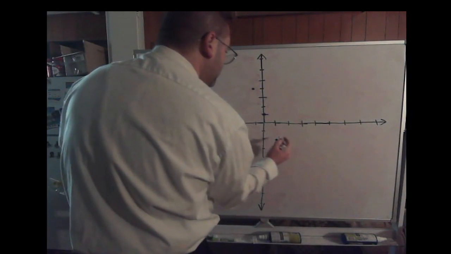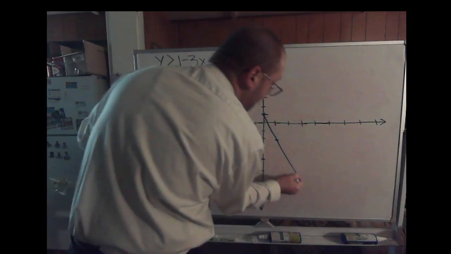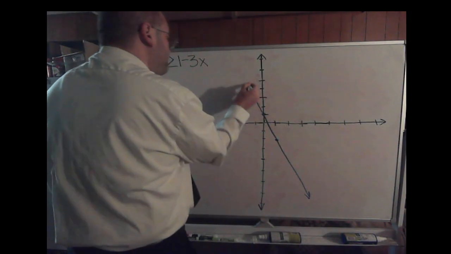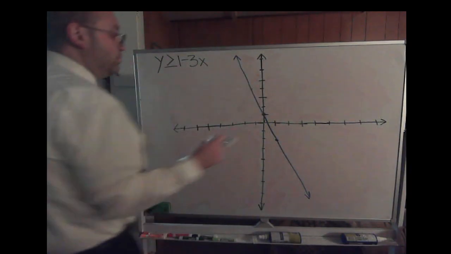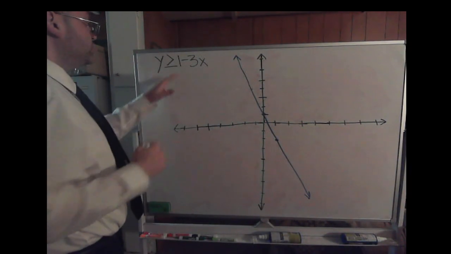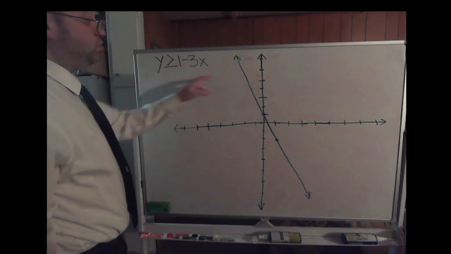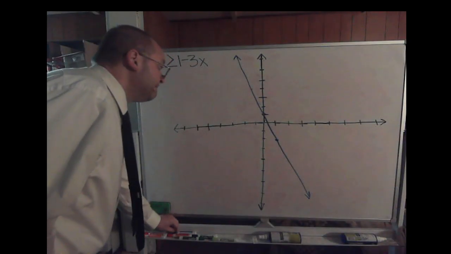Good, so we actually got 3 points to graph here. Yeah, roughly about there. Okay, that works. So there's your nice graph of y is equal to 1 minus 3x.